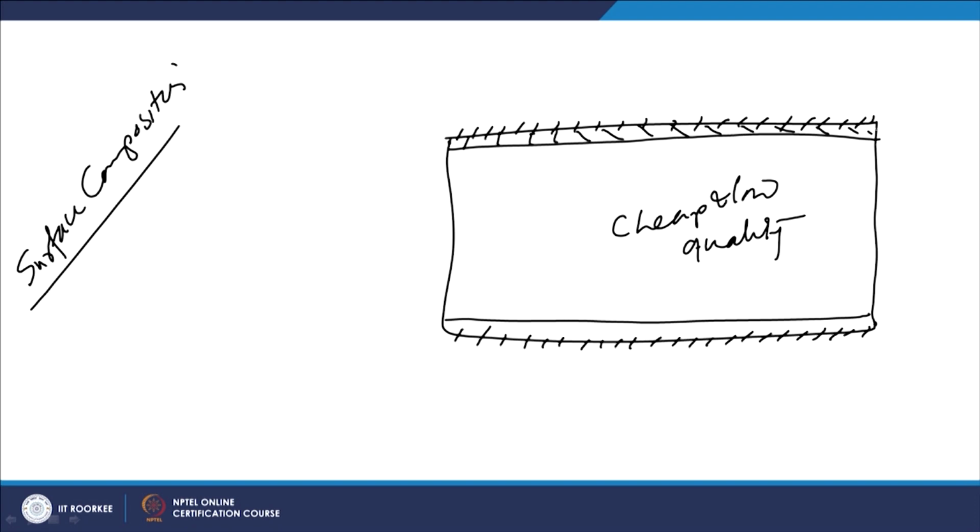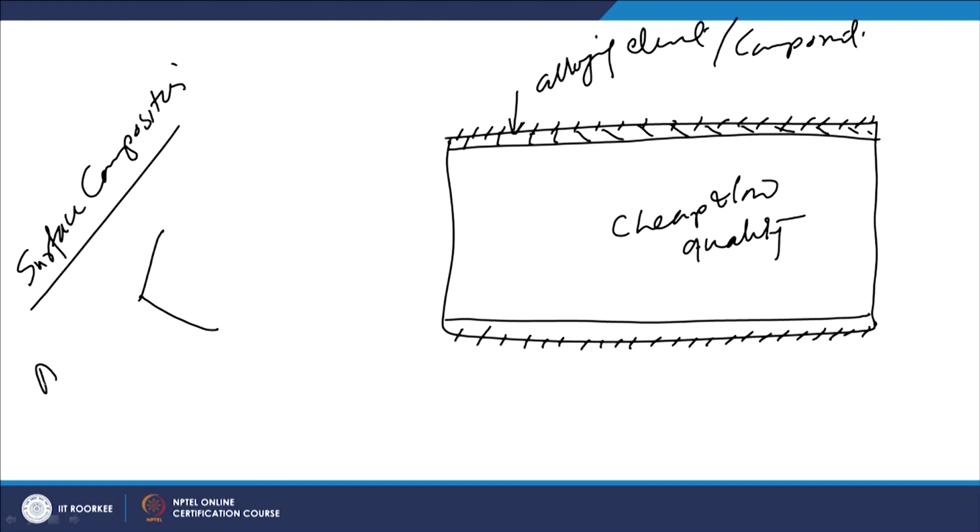So, the change in surface composition means we have to introduce alloying elements, or we need to have compounds at the surface so that the properties can be enhanced. There are two broad approaches which are used to introduce the alloying elements at the surface and subsurface layers of the substrates.